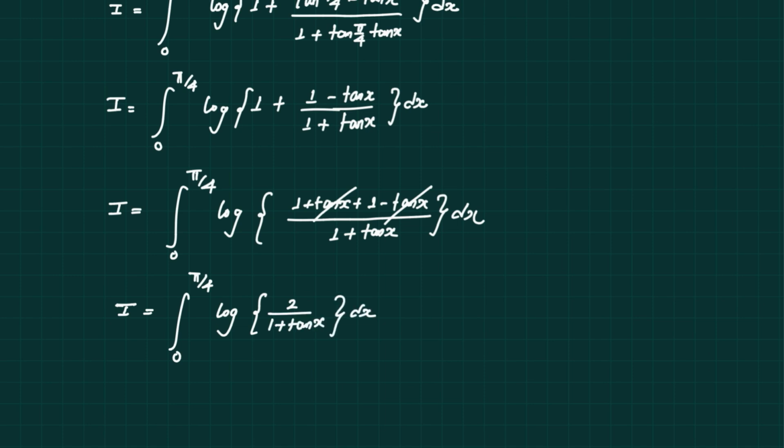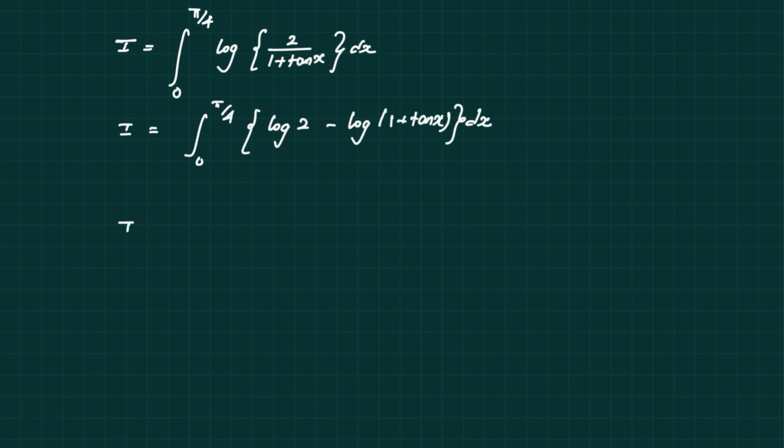And since we know the value of log of a by b can be written as log of a minus log of b, we will use that here, from 0 to pi over 4. So here it will be log of a minus log of b, that is 1 plus tan x, dx.